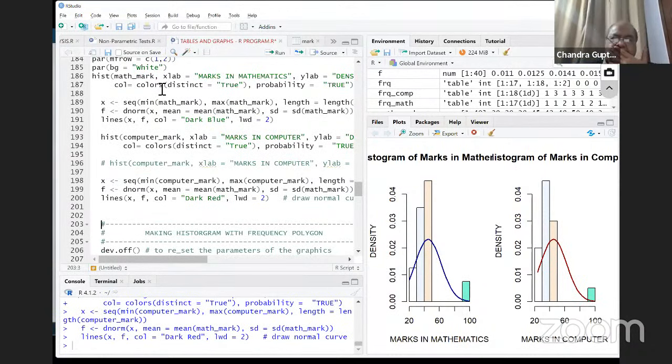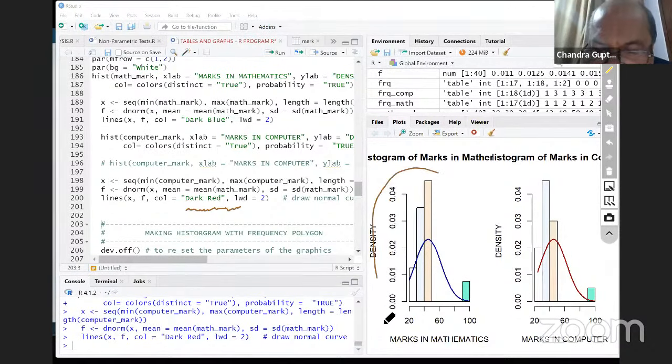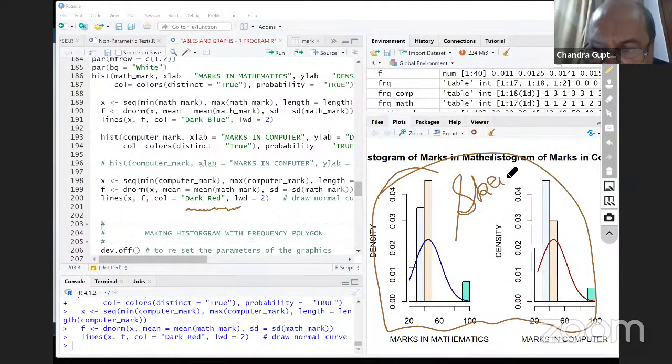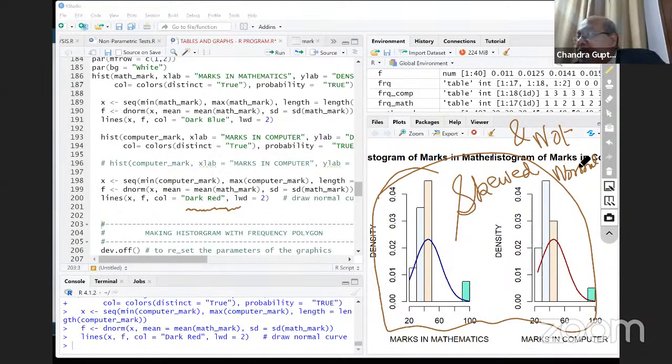Kavita, what is your take about the distribution? What kind of a distribution is it? Skewed and not normal. Kavita, is it negatively skewed or positively skewed?